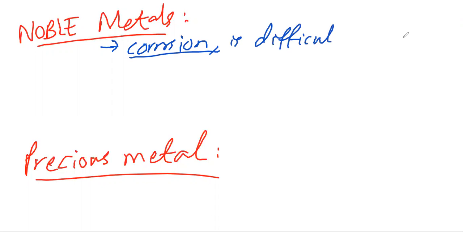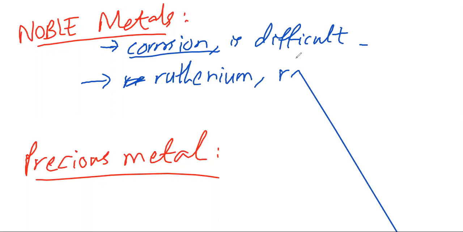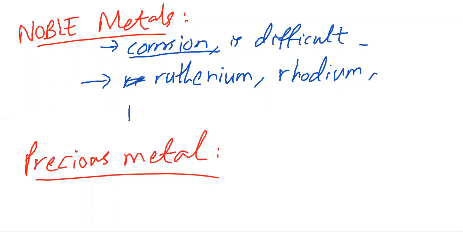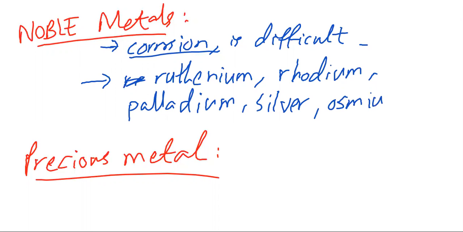In easy words, corrosion is difficult on noble metals. Which ones are they? Ruthenium, rhodium, palladium, silver, osmium. These all are the noble metals which are not oxidized in moisture easily, unlike base metals, which corrode quickly.